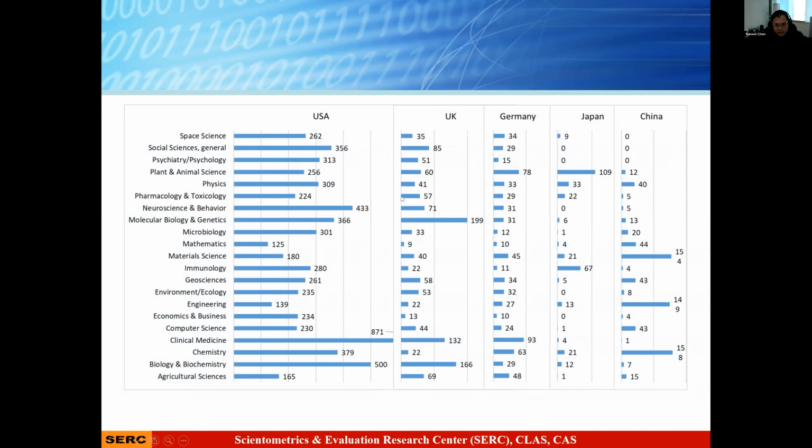We can find that China, even in materials, engineering, and chemistry, has many more highly cited researchers.